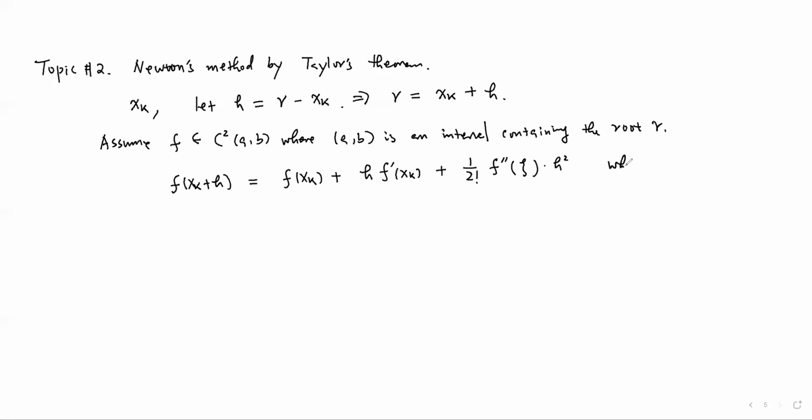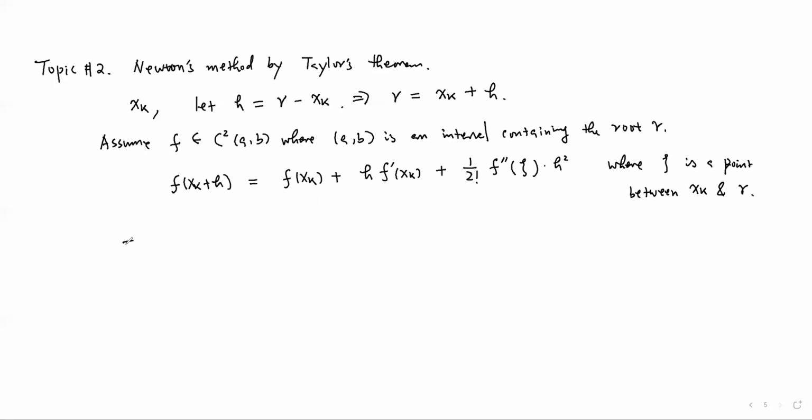Okay, where psi is a point between xk and xk plus h. xk plus h is r. So psi is a point between xk and r.